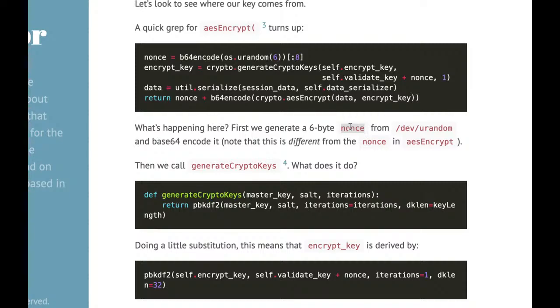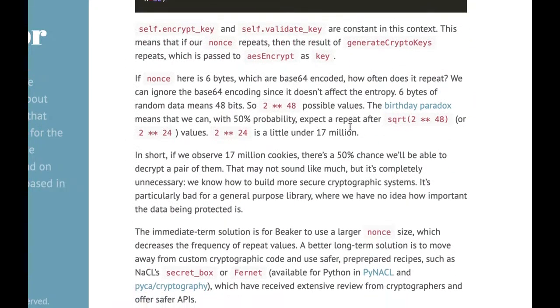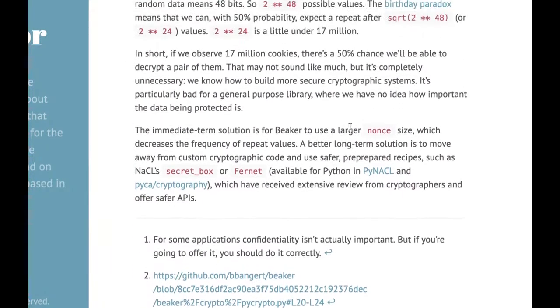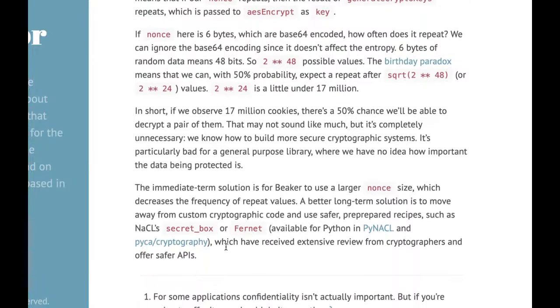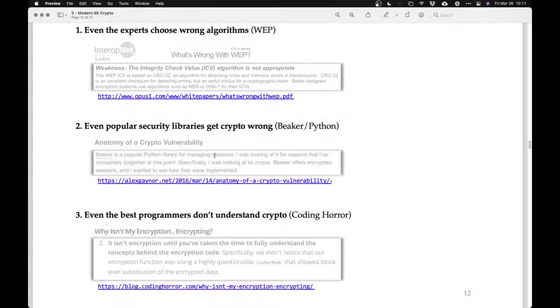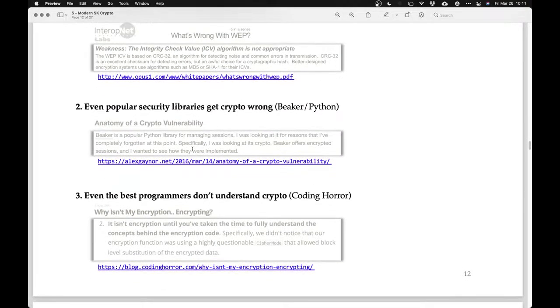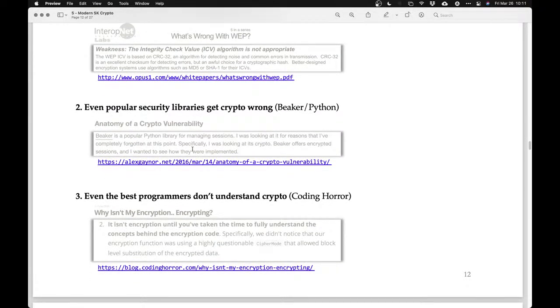And so this guy writes, please, folks, generate a nonce and use it. And at the end, he says something else, and maybe I'll get to his suggestion later on. So just because you go out there and find a cryptographic library doesn't mean you should use it. In fact, 99% of the time, I would say don't use it, unless you know a cryptographer wrote it. If it's just some random programmer who wrote it, don't use it.